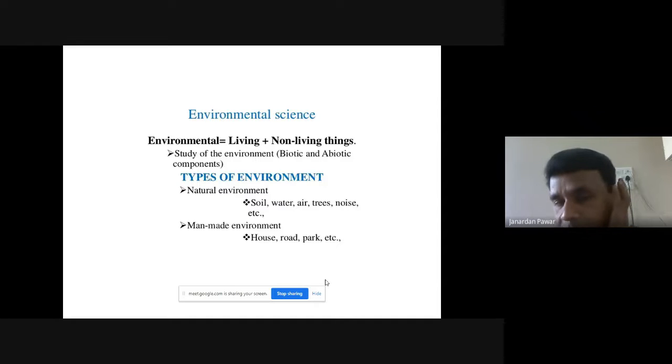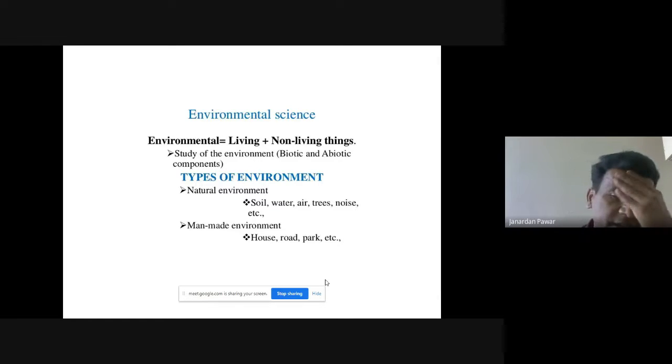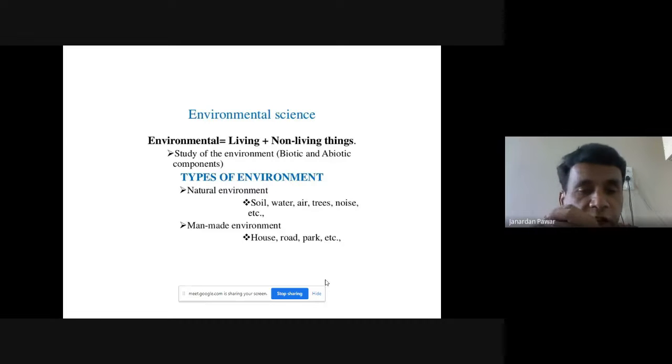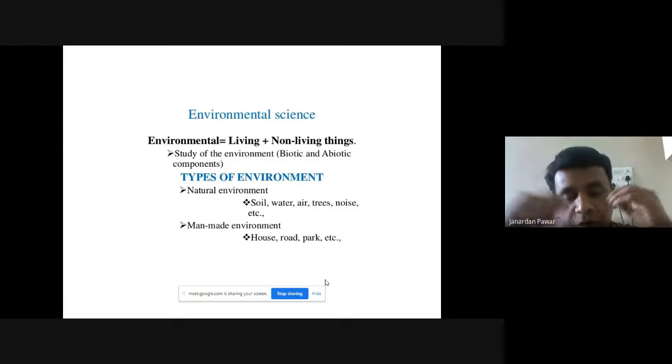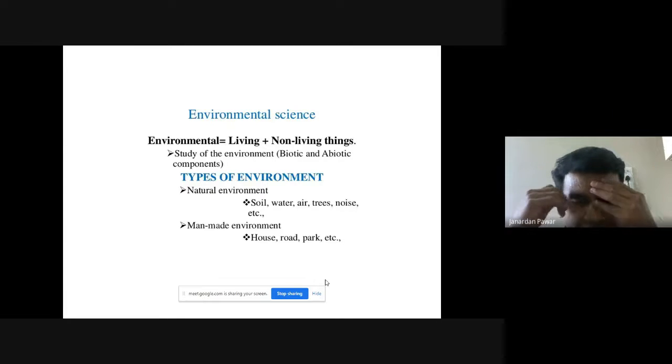There are two types: one is natural environment and another is man-made environment. As far as natural environment is concerned, we can see soil, water, air, trees, noise, etc. Those can be called natural environment. When it comes to man-made environment, it can be houses, roads, parks, etc. Those can be called man-made environment.